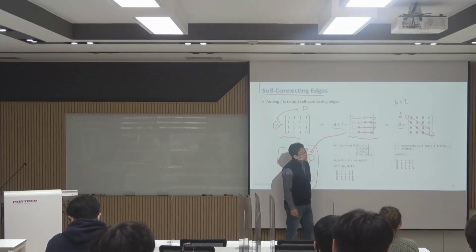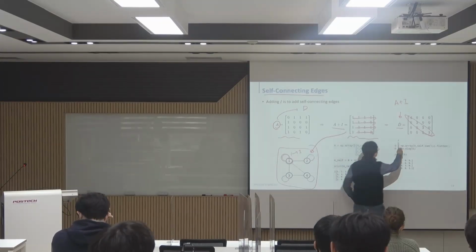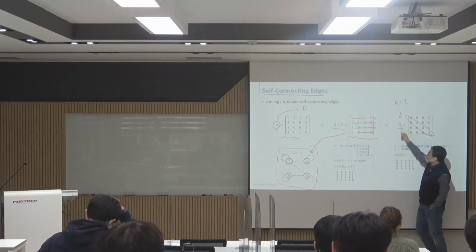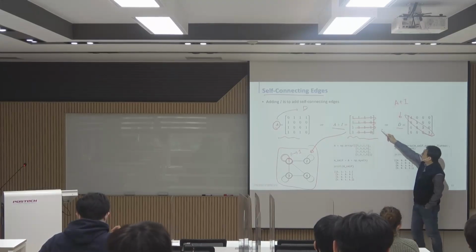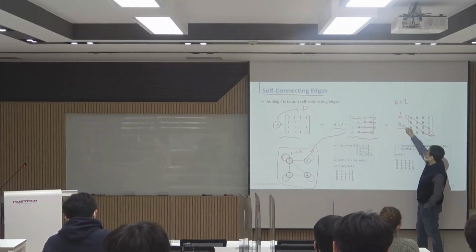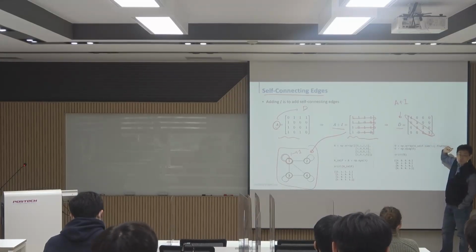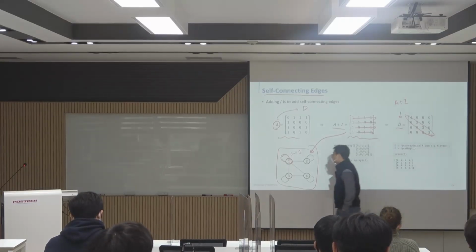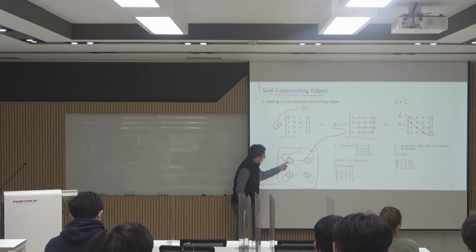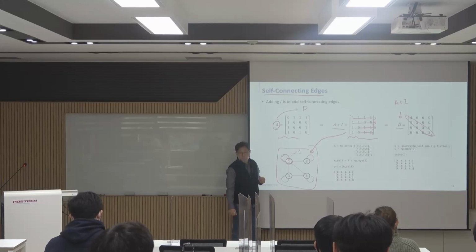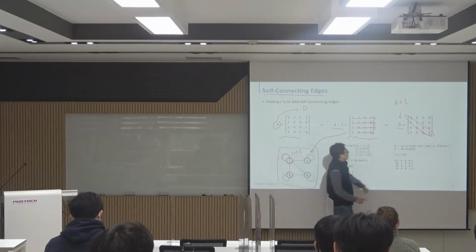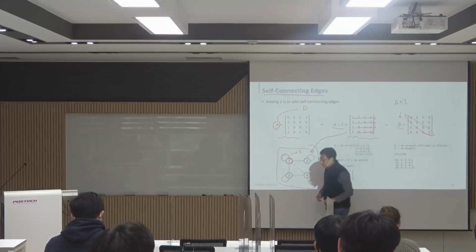For the degree matrix, the original was represented as D, and for self-connected I have D tilde. The only difference is we add 1 into the diagonal components. Because, for instance, for this one we have 4 connections.